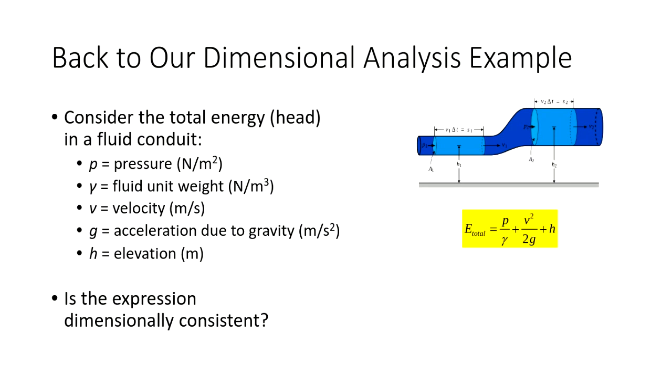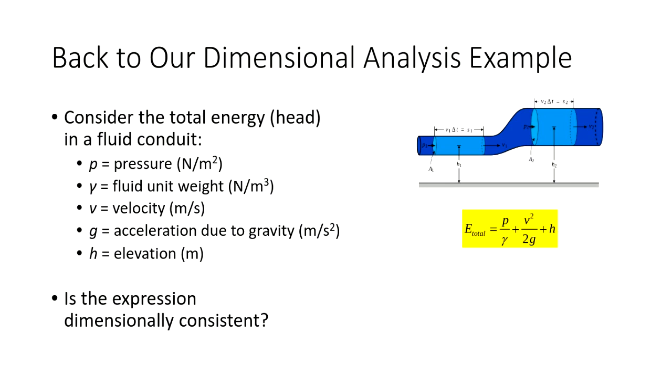I want to go back to this example that we ended class on last time. This is looking at a fluid conduit, and you'll see this in fluid mechanics. This is a portion of what's called Bernoulli's equation. Bernoulli's equation is a very fundamental expression that you use in fluids, and what it does is it quantifies the amount of energy, or what we call a head in fluids, the total amount of energy in a specific fluid conduit.